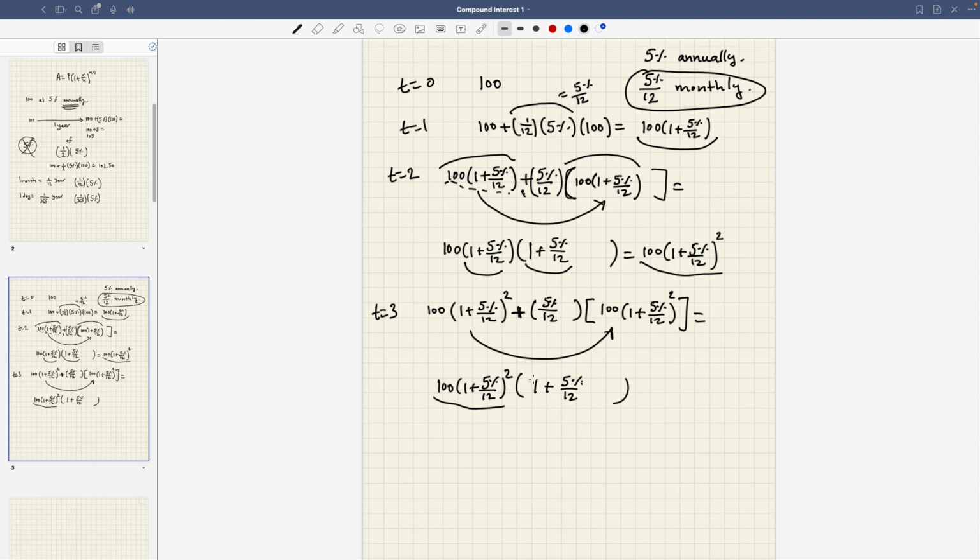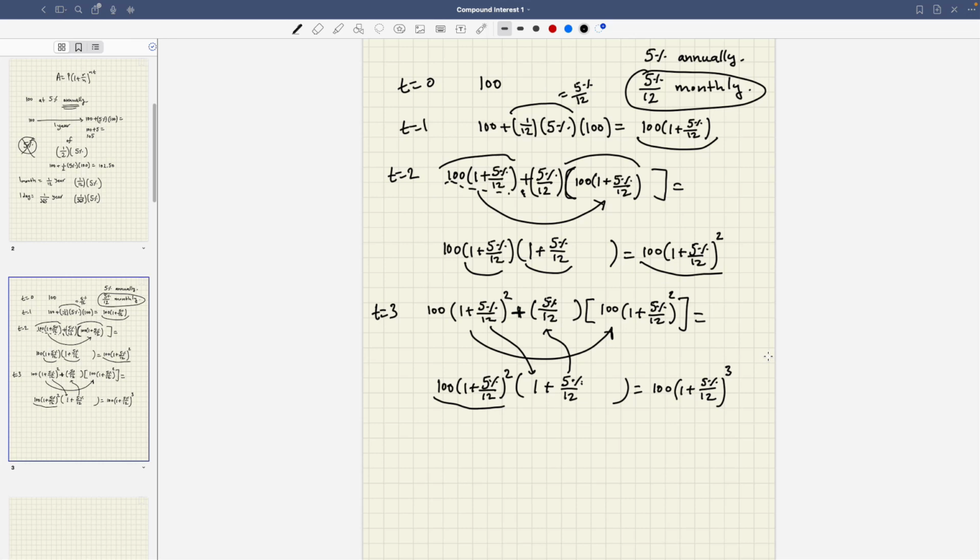And this 1 comes from when we divide by the common factor. And this 5% is just the rate. And obviously we reduce this, becomes 100 times 1 plus 5% divided by 12 to the third power.